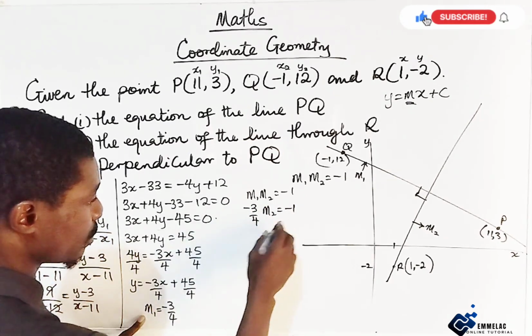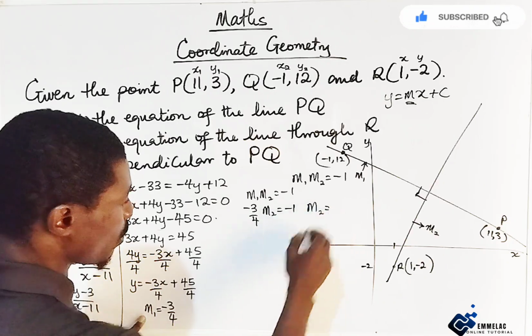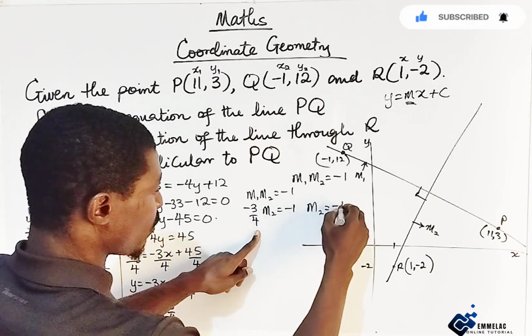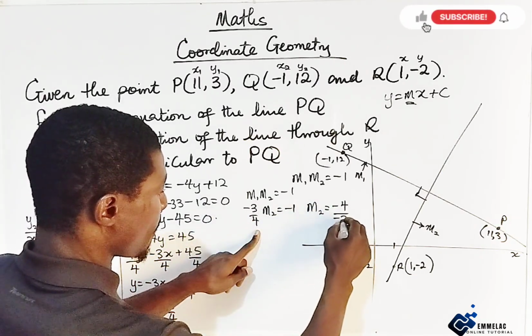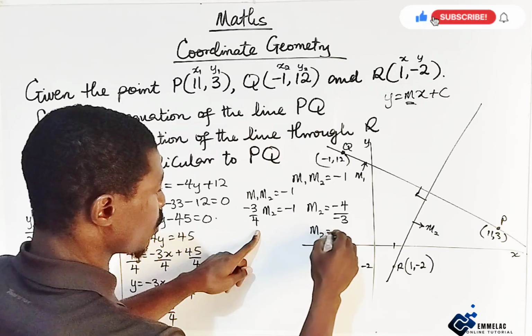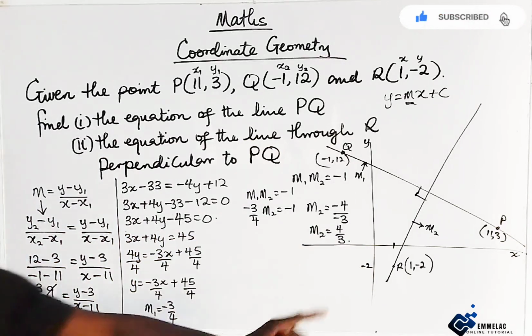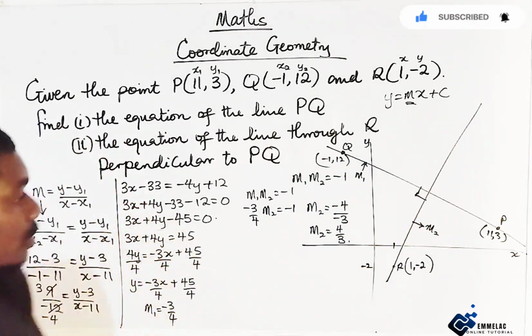Making m2 the subject of the formula, we get m2 equals 1 times 4, that's cross multiplying, we have minus 4, then bring down minus 3 here. So m2 equals 4 over minus 3.